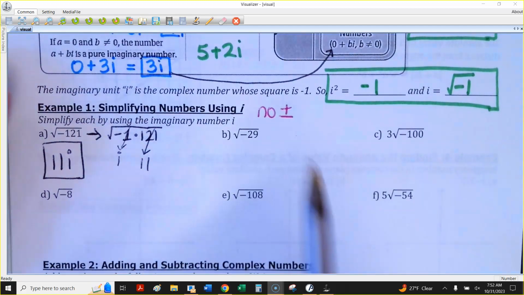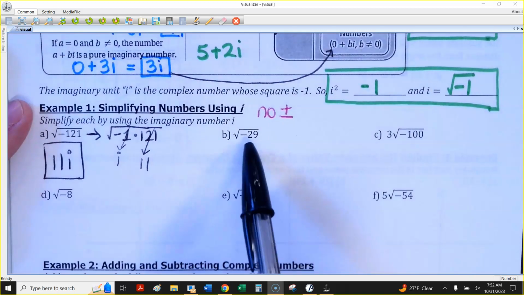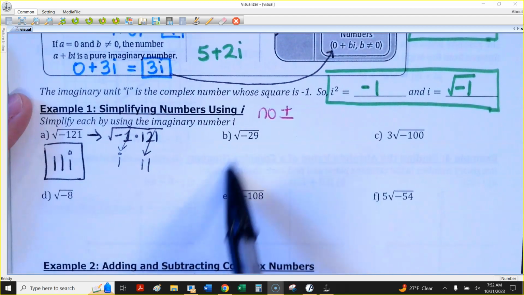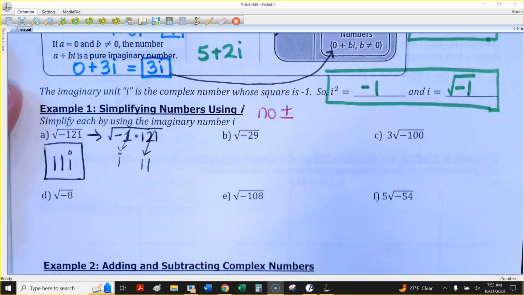Okay, now for this one right next to it, 29 is a prime number, right? There's no way I could break it down or do a factor tree. There's no perfect squares that go into this. So it's not considered simplified if you have the little negative under the square root.